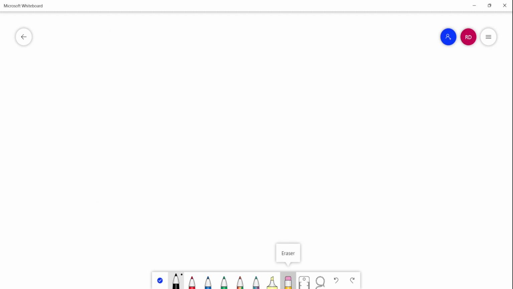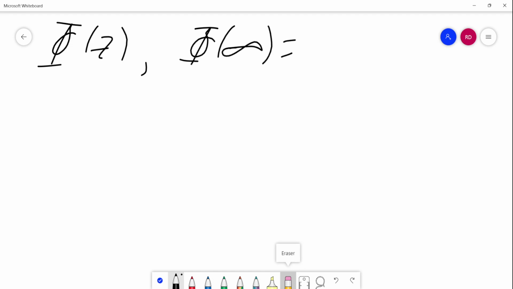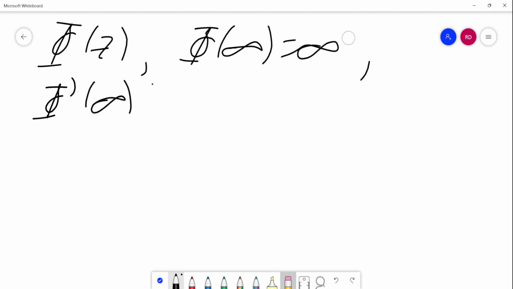Well, if we have that mapping, phi of z, and we know that phi of infinity is infinity, and phi prime of infinity is positive.